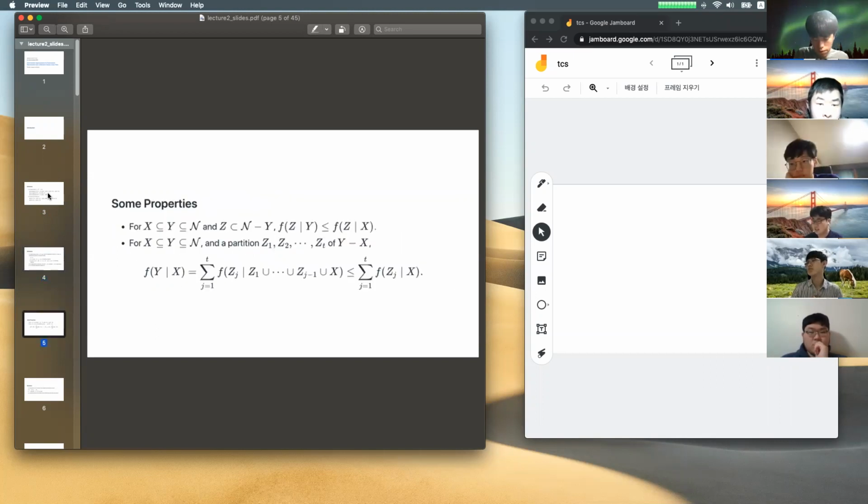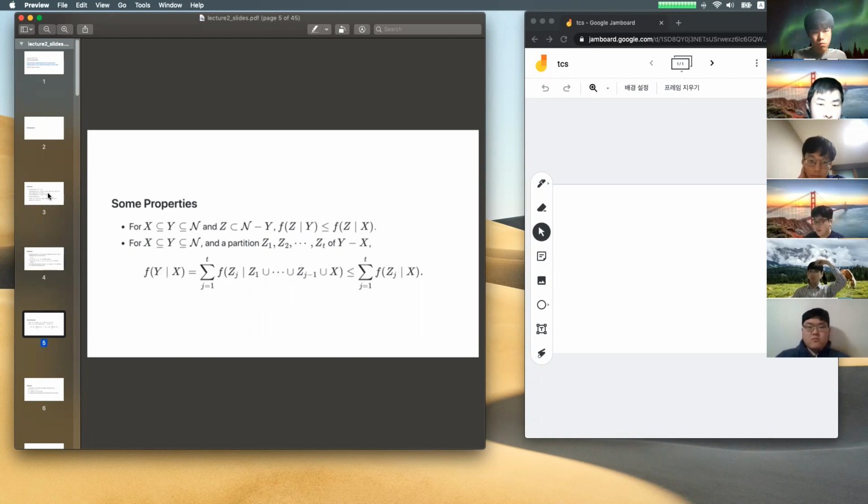And this is a property of submodular functions. It can be proven just by computation, but the proof in this paper uses a lot of computation, so this property will be used later.